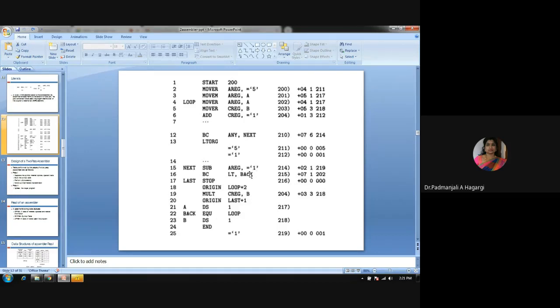Now, if you observe, all are solved, but this immediate addressing mode of literal value, which was a second pole, is started here at the end of the line by the assembler. Okay.